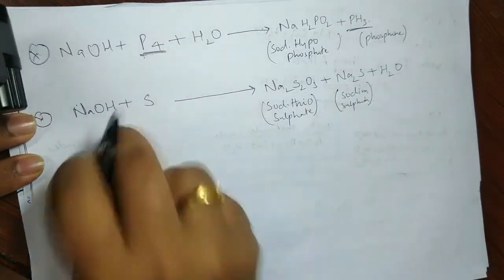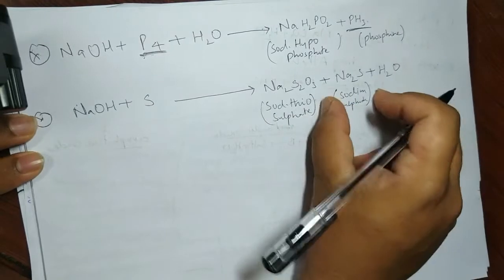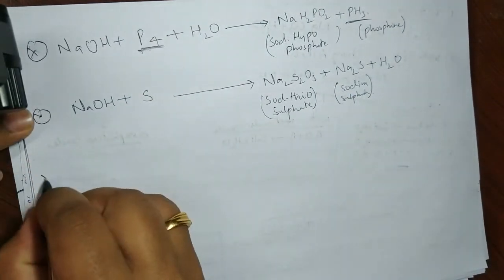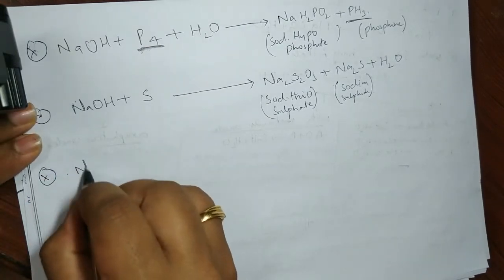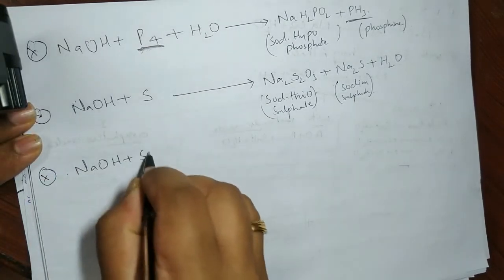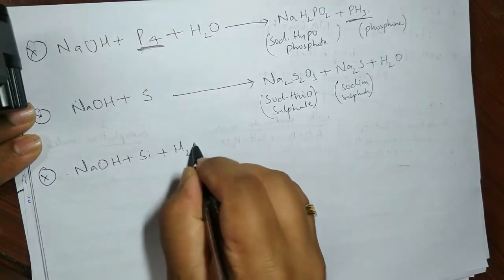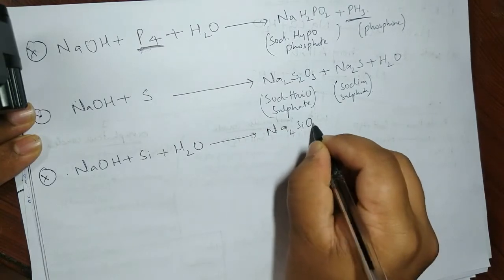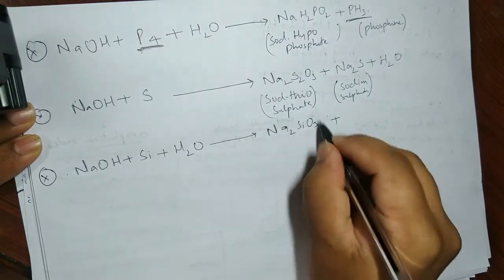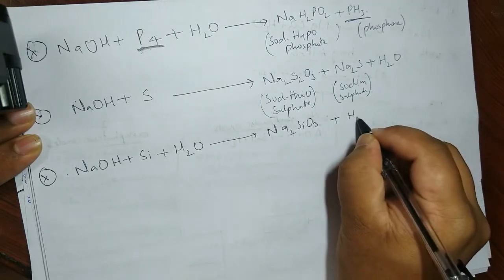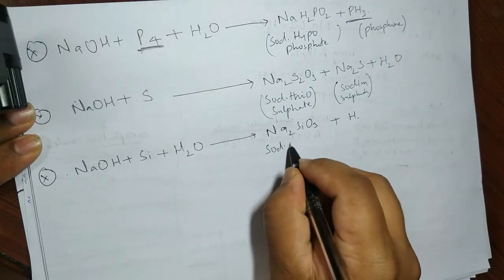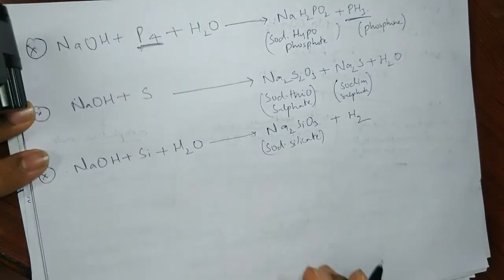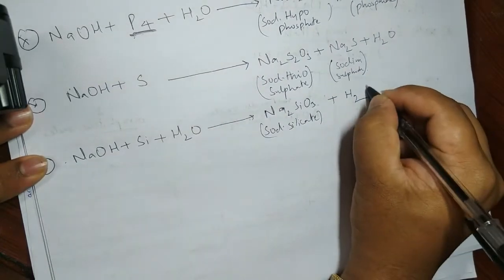Okay, so with sulfur, sodium thiosulfate and sodium sulfide plus water as usual, and then reaction with silicon, NaOH plus silicon, and this is also aqueous medium, will form Na2SiO3. What is the name? Sodium silicate. We know it already. Yes or no? Sodium silicate. It liberates what? Hydrogen gas. Okay, hydrogen gas is liberated in this reaction.